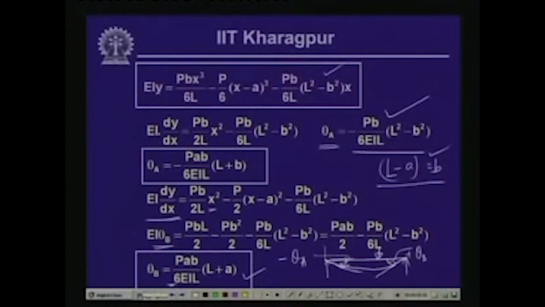If we adopt dy/dx equals 0, you can compute the value of x where the tangent is horizontal, and once you substitute the value of x in the expression for y, you can get the value of the deflection at that particular point.